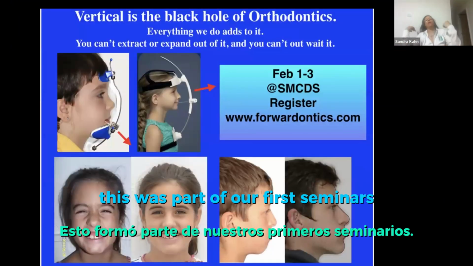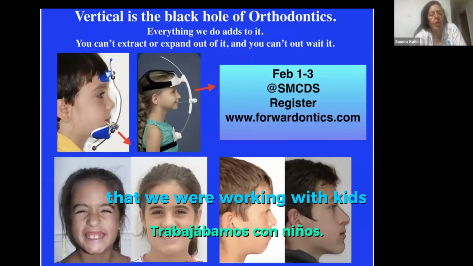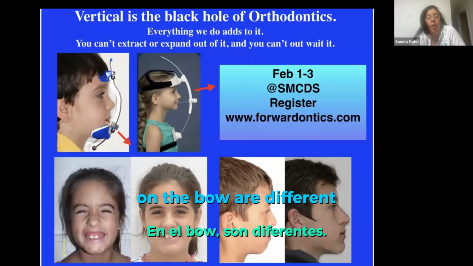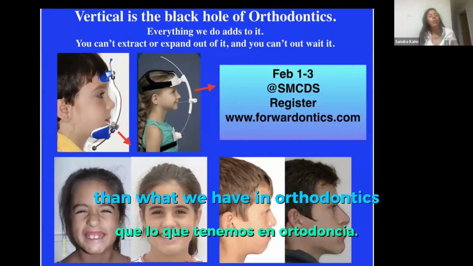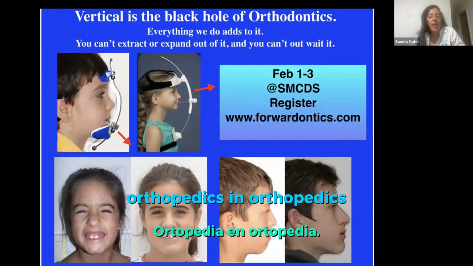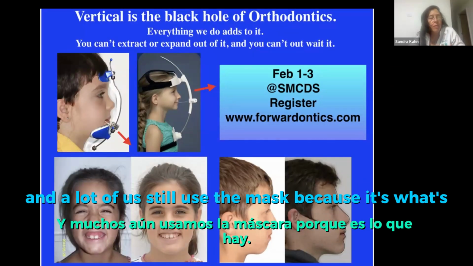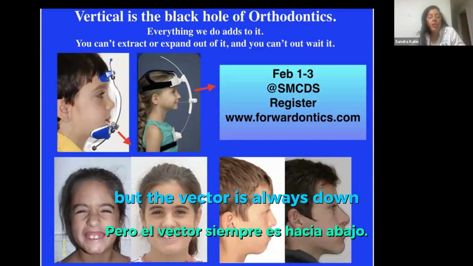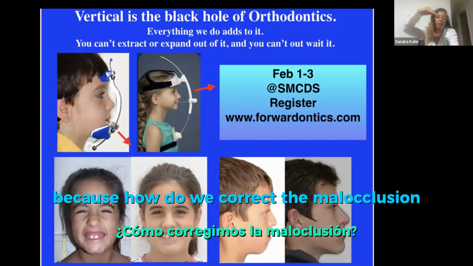This was part of our first seminars that we were working with kids, and we were showing that the vectors of force on the bow are different than what we have in orthodontics, orthopedics. In orthopedics, a lot of us still use the mask because it's what's available, but the vector is always down, because how do we correct the malocclusion?